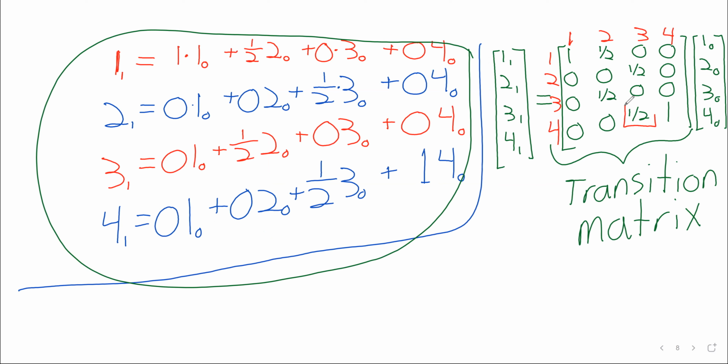This 1/2 that we have in the third column, fourth row, says that the probability of going from state 3 to state 4 is 1/2.